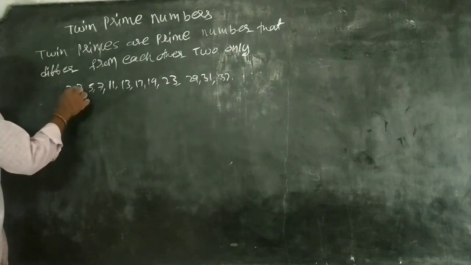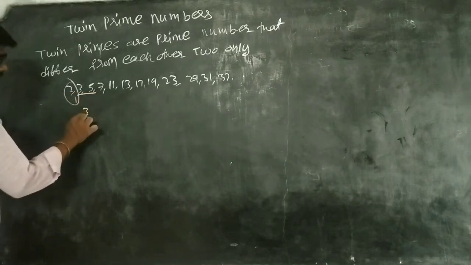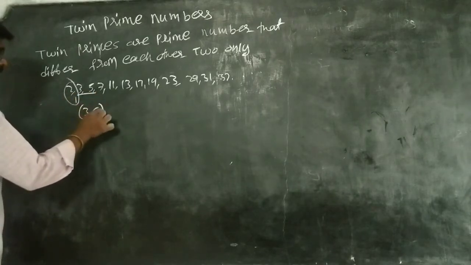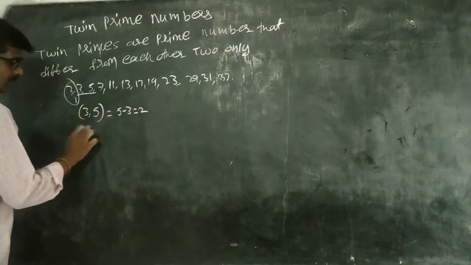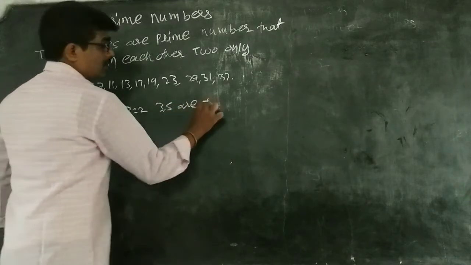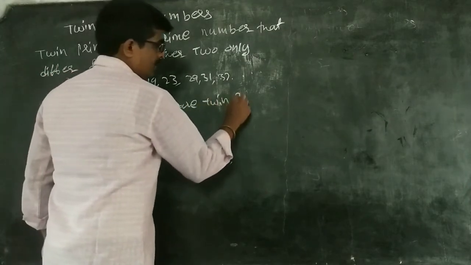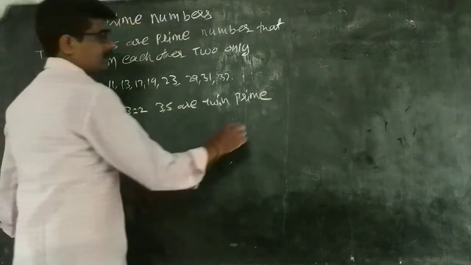Here 2 and 3: 3 minus 2 is 1, so they are not twin primes. Here take 3 and 5. 5 minus 3 is equal to 2. Therefore 3 and 5 are twin primes.